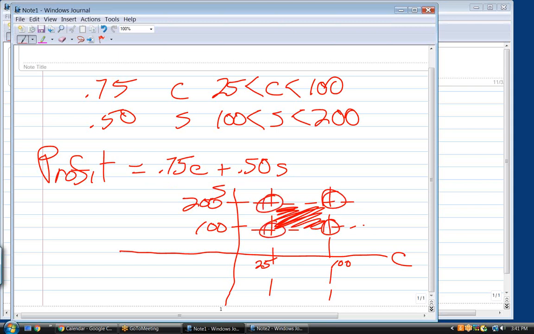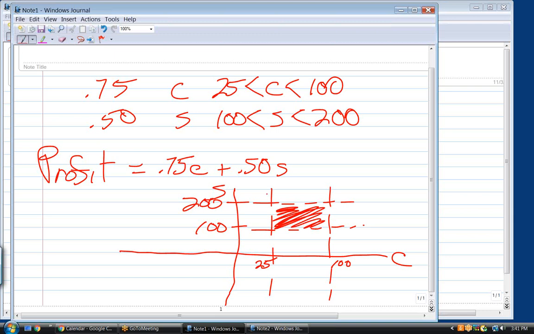It's not likely going to be that one, even though we'll want to test that. You see why? You're not going to make your most profit at the lower ends of these ranges. But it's unclear which of these other 3 vertices will be the maximum.